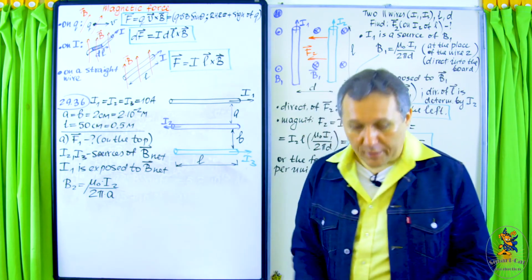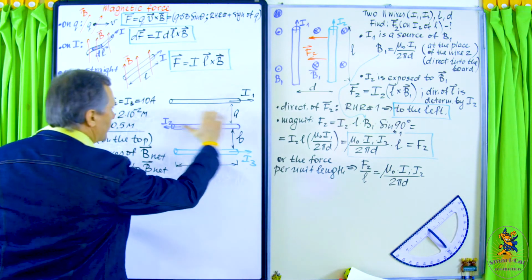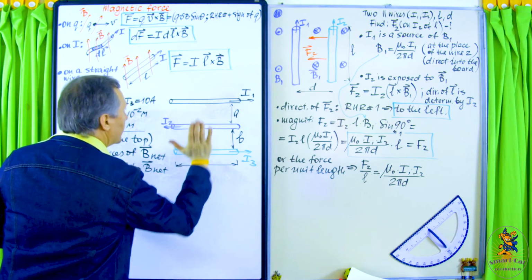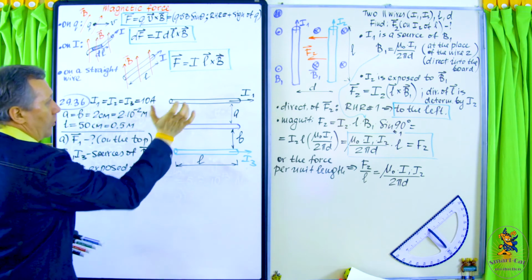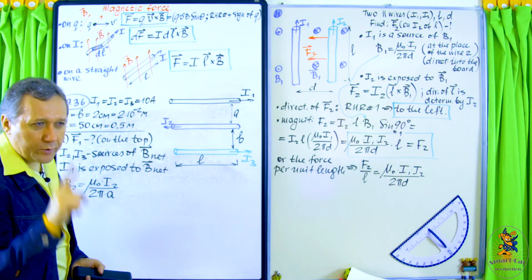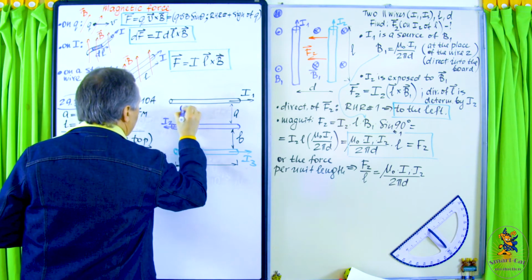And let me write the direction. Direction can be found using right-hand rule number 2. Outstretch your thumb in the direction of the current, and then curl your fingers around wire I2. So above the wire, the magnetic field is into the board, a cross. So here we will have a cross.